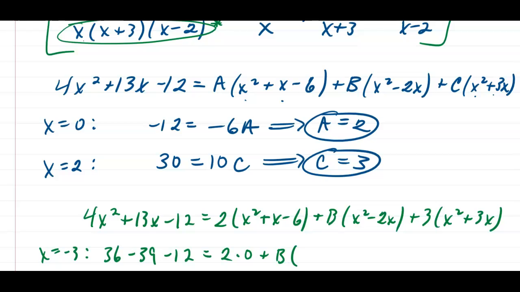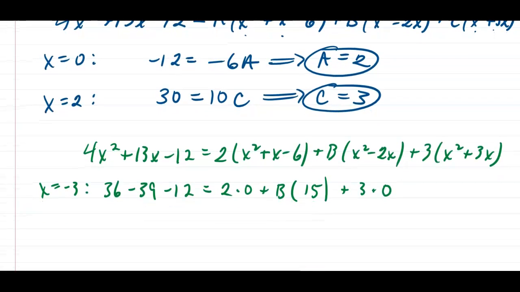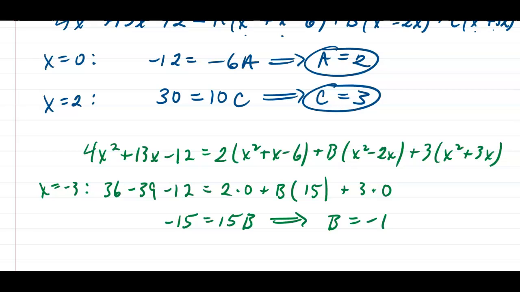And negative 3 squared is 9, and that's 9 plus 6, which is 15. And then over here, plus 3 times x squared, that's 9. And then 3 times negative 3, 9 minus 9, that's a 0. And so from this, we are seeing that we've got a negative 15 equals 15b, which means b is negative 1.